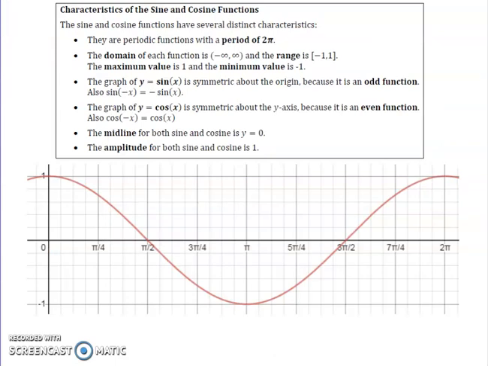We have a few specific characteristics for our sine and cosine function. I briefly mentioned that these functions are periodic because they repeat after 2 pi. The domain of each function is all real numbers because there is no end horizontally to what values these functions can take. This would be on our unit circle.